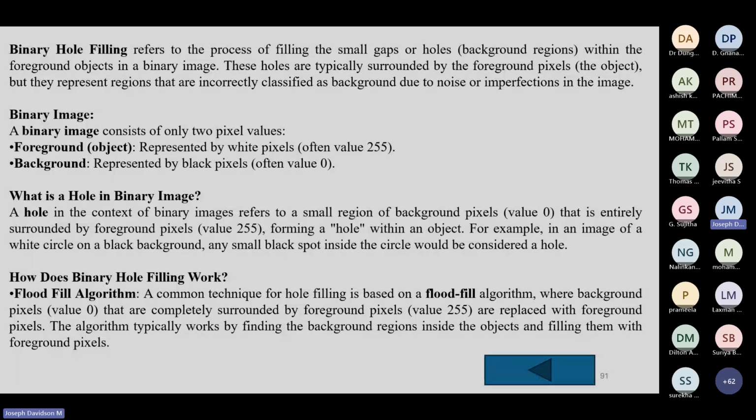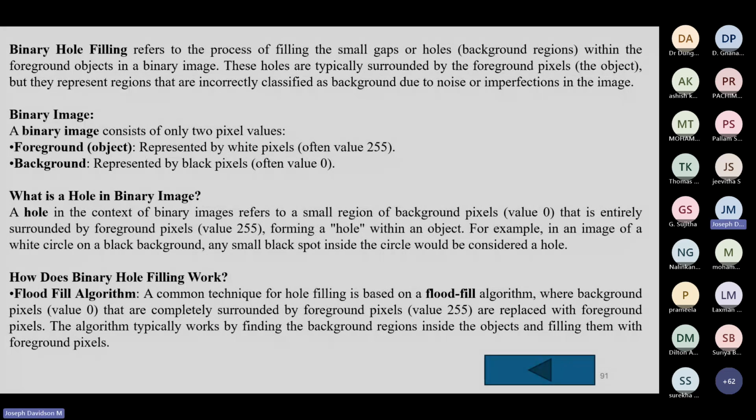So how do I say that something is a hole? A hole in a binary image refers to a small region of background pixels, let us say a value of 0, that is entirely surrounded by white. Correct? So somewhere here we have a smaller black spot, and I want to fill it.